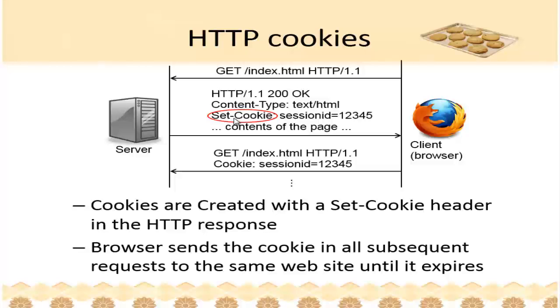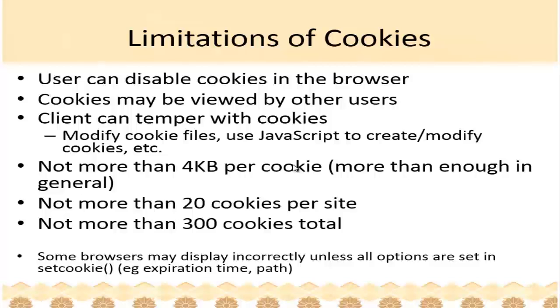Now, once the client receives the cookie, for any subsequent request, the client along with the request will send this cookie back to the server. So a cookie is nothing but a key value pair. The key is like a variable name. The value is the value that you set, that is sent back and forth from the server to the client and the client back to the server.